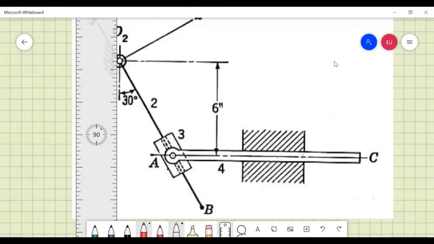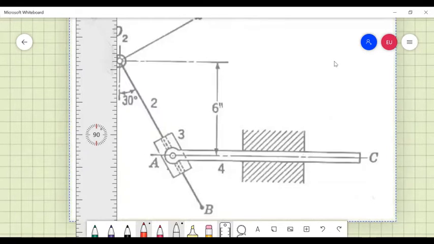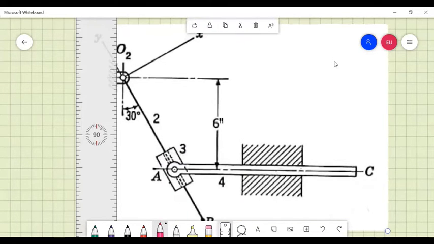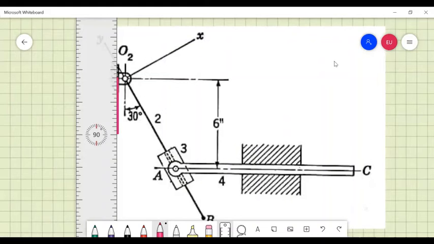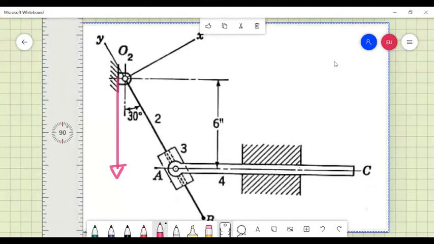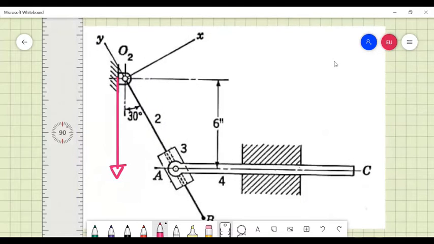I'm going to use the ruler this time for the arrows. Oh, that color is not nice, sorry. This one, and we label that as R1.